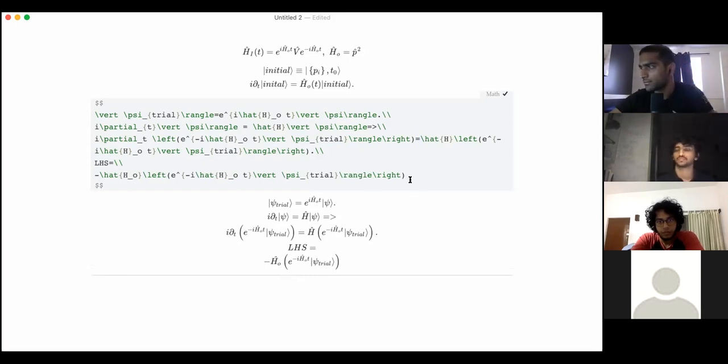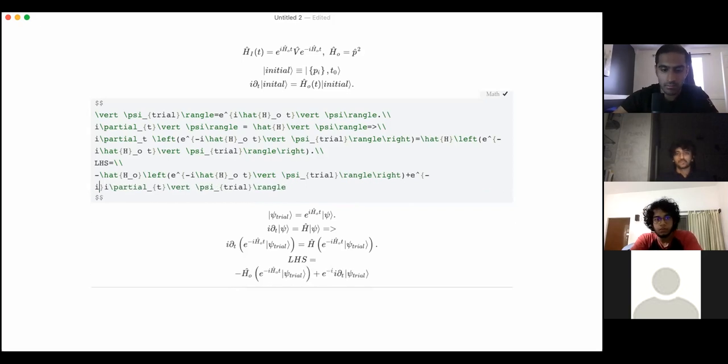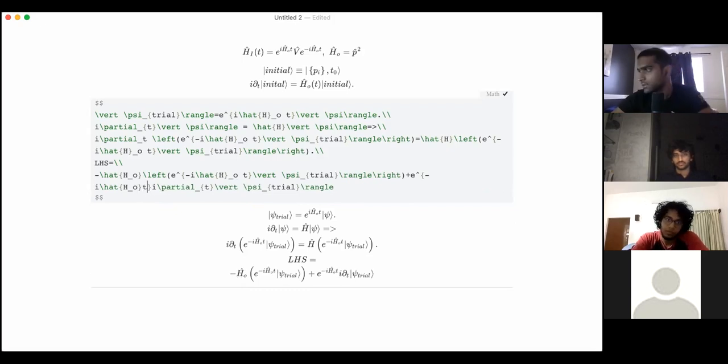So I could just take, okay, let's go in steps. Acting on the side track, and then you have the e separate. Then I have this e power minus i hat H naught t.